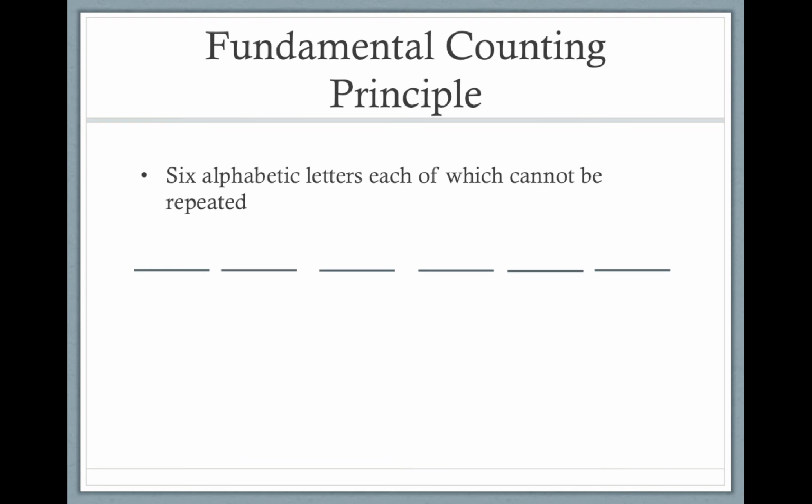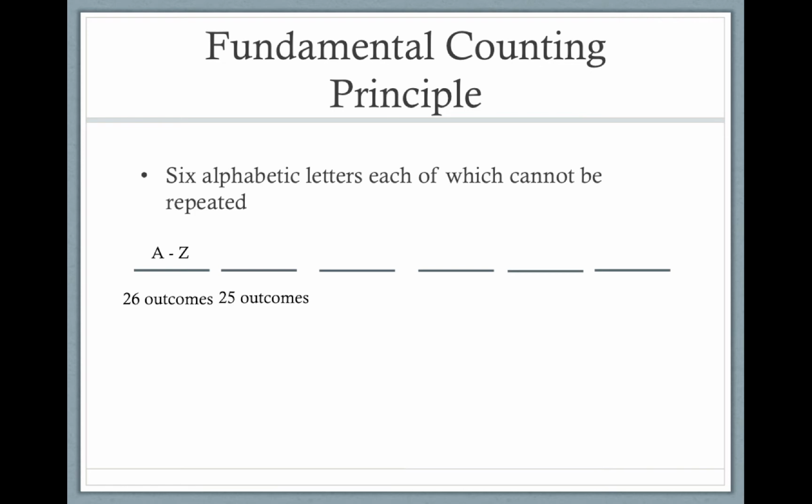All right, what about 6 alphabetic letters, none of which can be repeated? Well, the first letter can be anything A through Z, giving us 26 total outcomes. But we've used a letter and we can't repeat, so how many outcomes are available for the second letter?